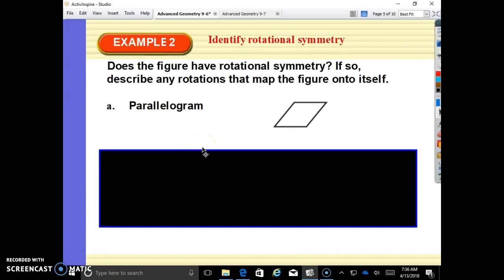Parallelogram. Does the figure have rotational symmetry? If so, describe any rotations that map the figure onto itself. Will this ever look like this? Any degree that I can rotate it where it looks exactly the same.